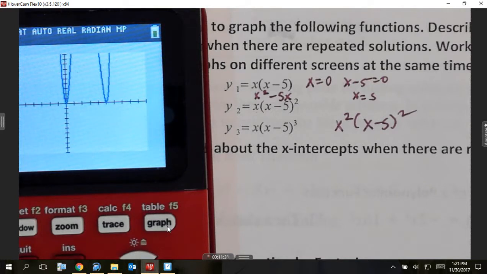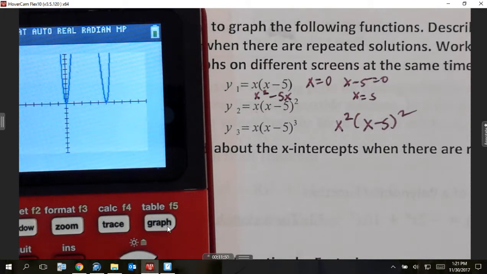2. Okay, 2. Over here on y3, before we typed in our own thing, what's the multiplicity of x minus 5 to the third? What's the multiplicity of it? 3. What's the multiplicity of just x? 1.